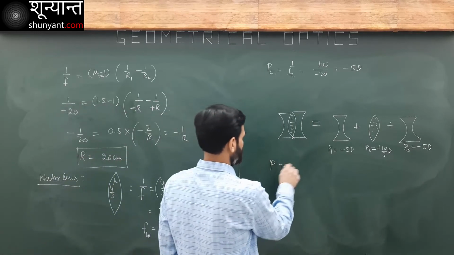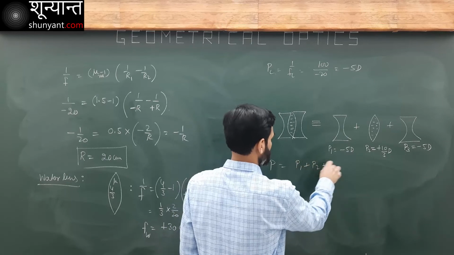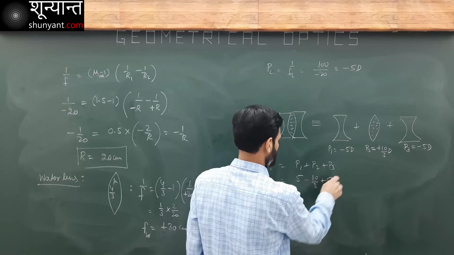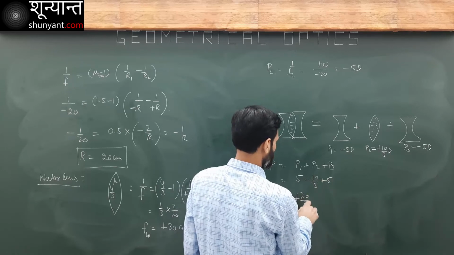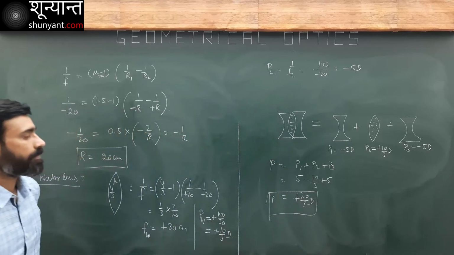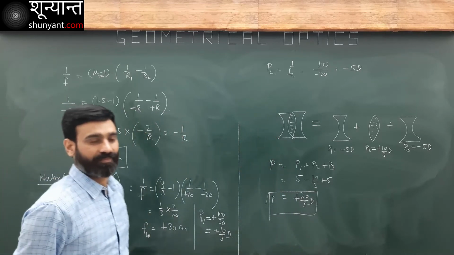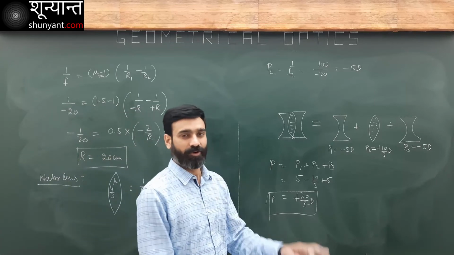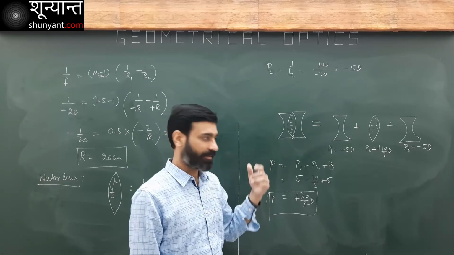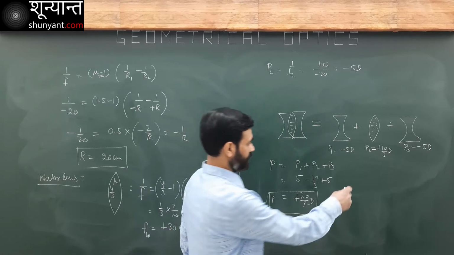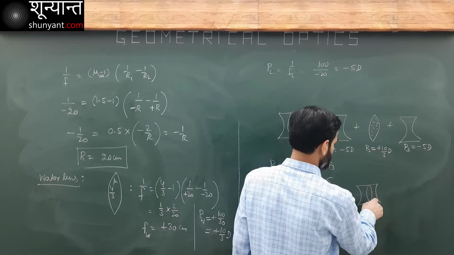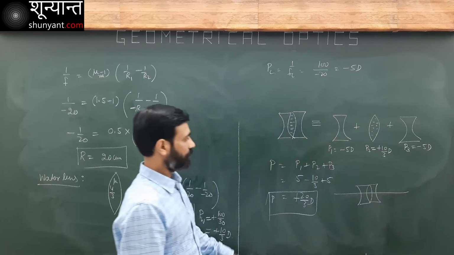What is the power of the combination? P1 plus P2 plus P3. Minus 5 plus 10 over 3 minus 5. So minus 30 plus 10, minus 20 over 3 diopter. Oh no, not converging.